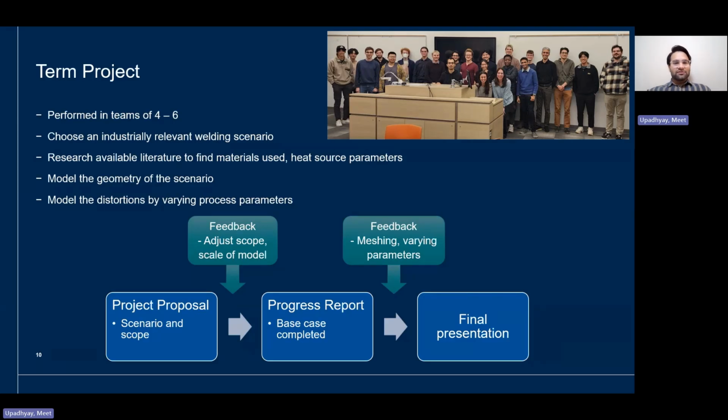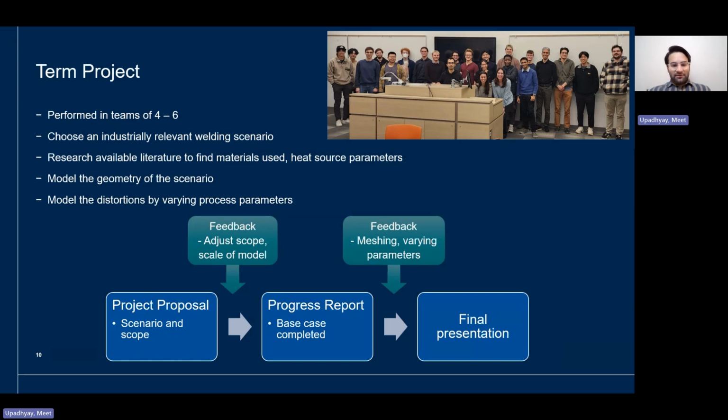They use that to find what materials are being used and the heat source parameters for that particular situation, model the geometry of the scenario, and then model the distortions by varying the process parameters to get the best case scenario for reduced distortion, basically.